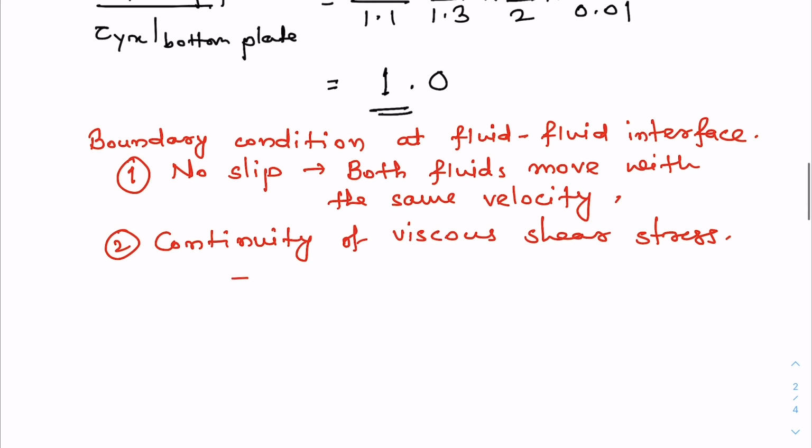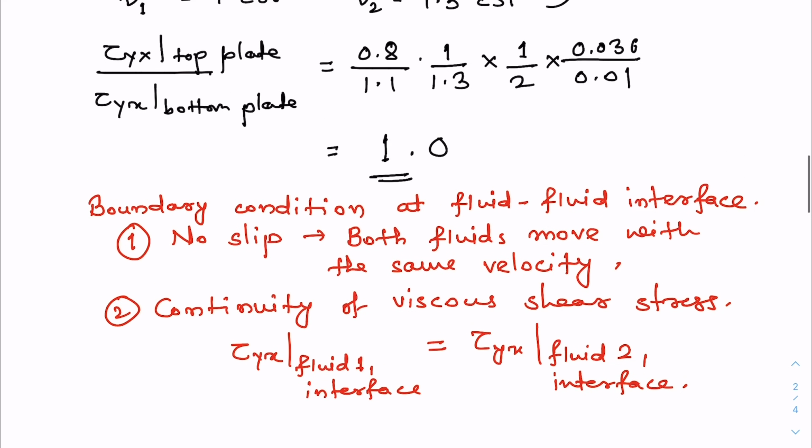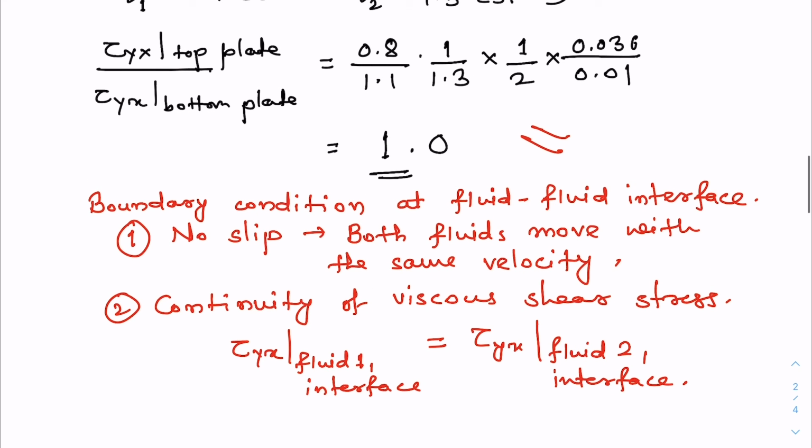That means tau yx across an interface. So tau yx for fluid 1 at the interface is equal to the shear stress tau yx for fluid 2 at the interface. So that's it. That's the solution to the problem.